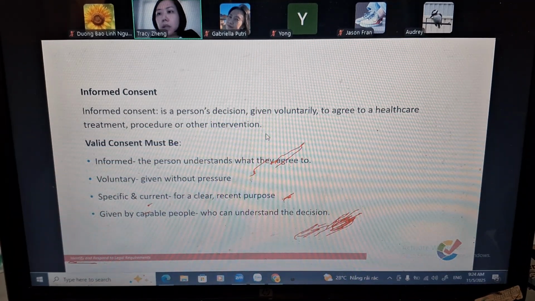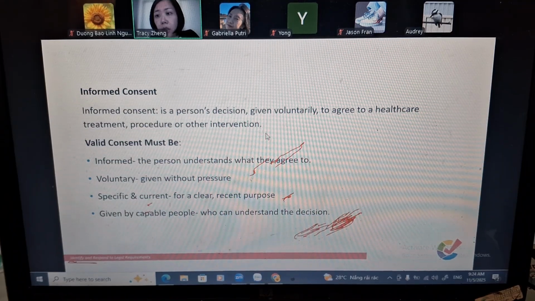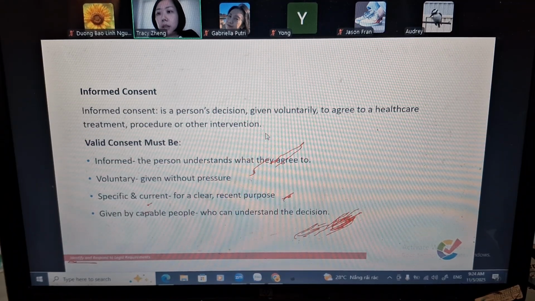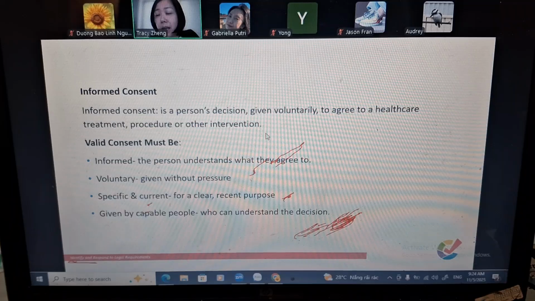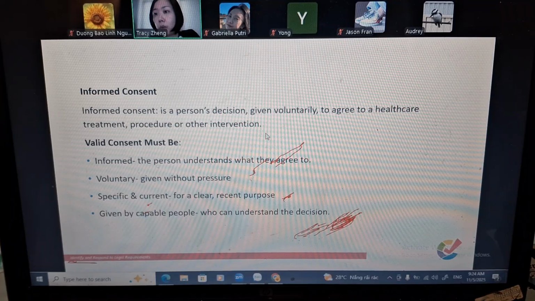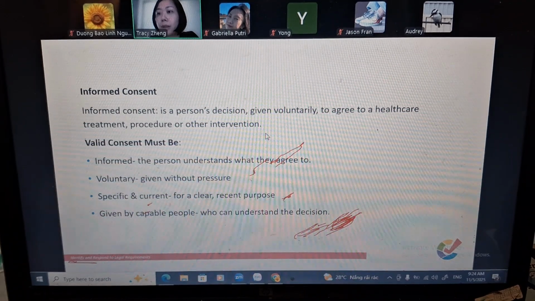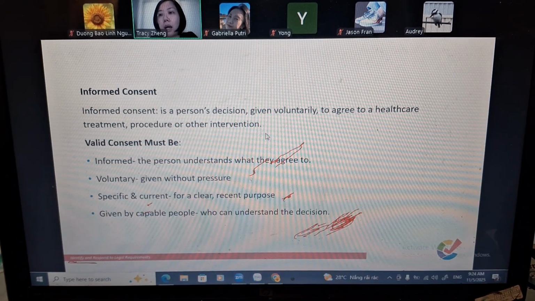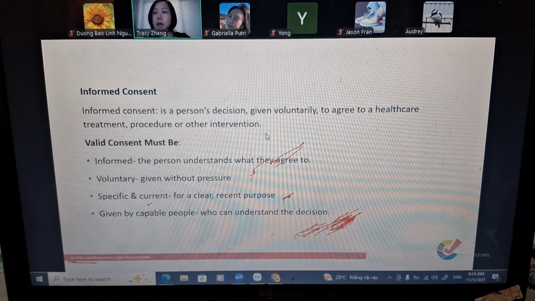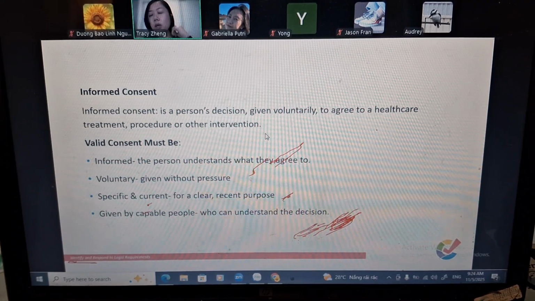Yeah, so it's similar to what we said: if the person has any cognitive impairment, then we may need to get the consent from the person responsible. It doesn't mean that we are not getting consent, but we probably get it from other responsible people, for example from their family member, their daughter, or their son.